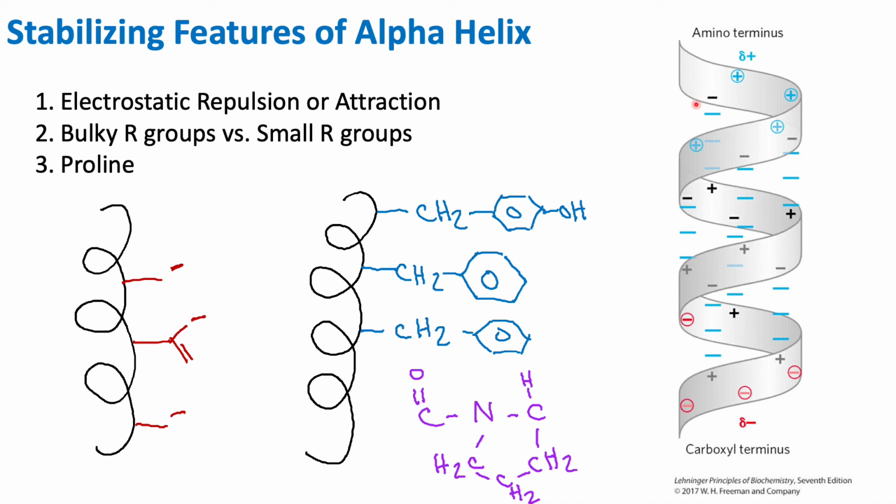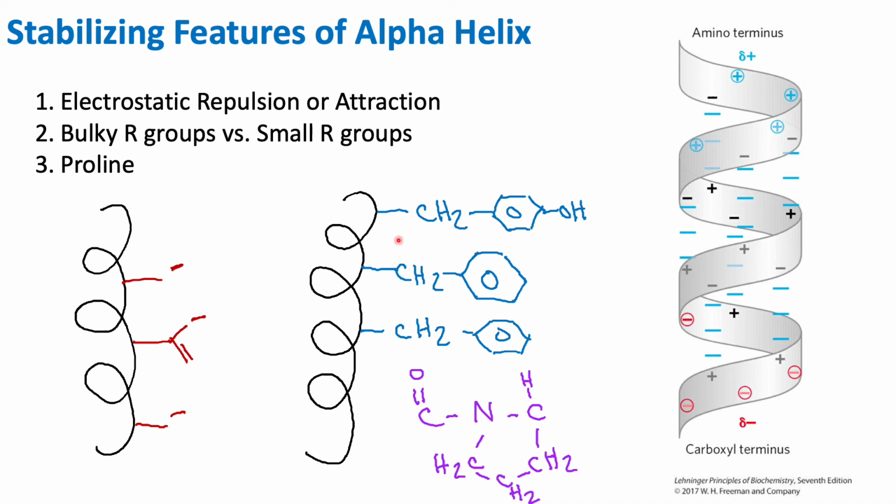and that is not beneficial. So the four characteristics in regards to stabilizing and disruptive features of the alpha helix are: electrostatic repulsions generated at high pH values when we deprotonate our R groups and gain that negative charge, which generates repulsion, which is not beneficial; R groups that generate steric hindrance, which is not beneficial either because that generates crowdedness; proline, which causes nitrogen to lose that hydrogen, so we can no longer have the hydrogen bonding that stabilizes the alpha helix; and the partial positive and partial negative imposed on our alpha helix by the carboxyl terminus and the amino terminus, which will affect our alpha helix.